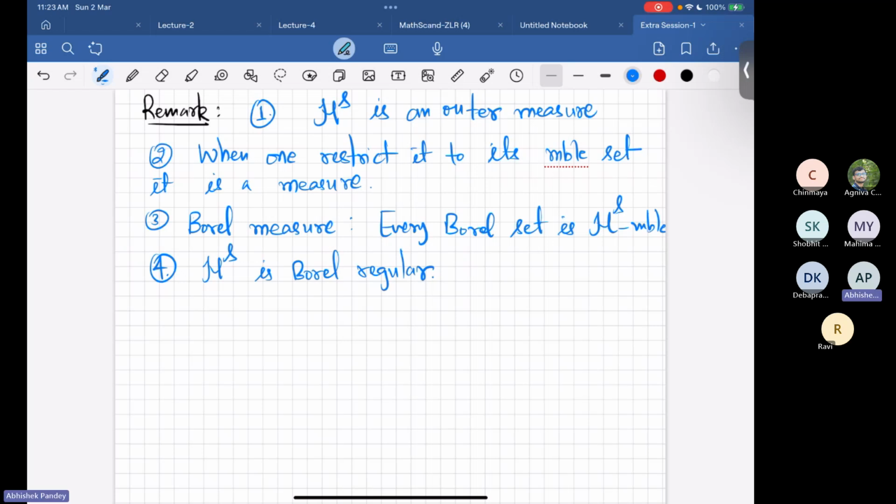The important thing, which is quite important: let us say we are sitting in R^n.